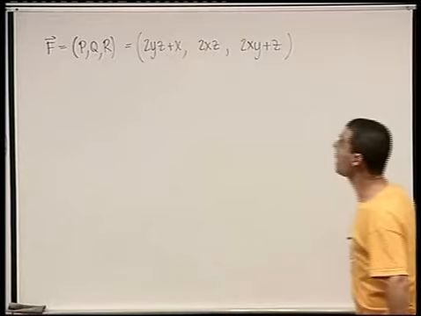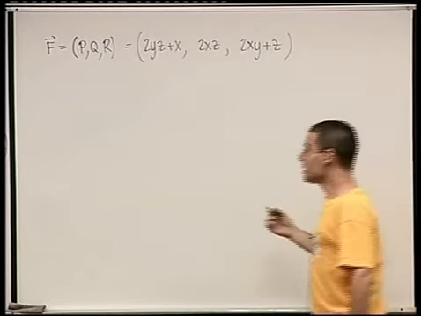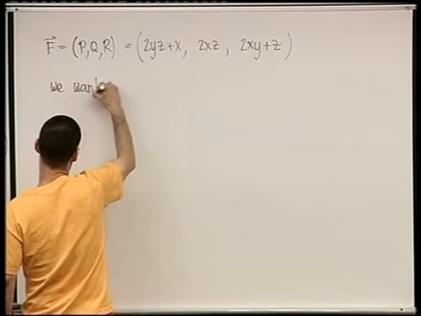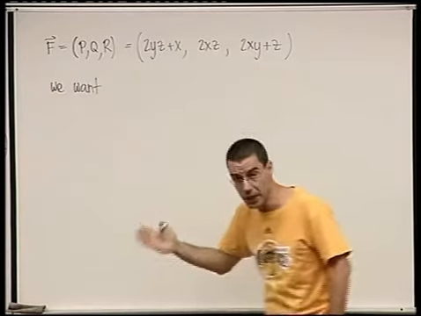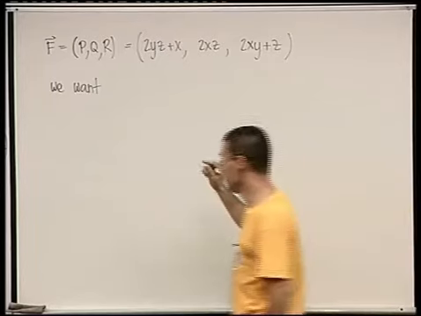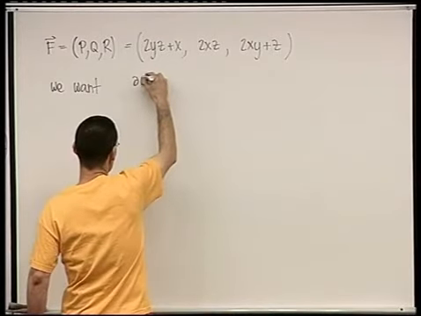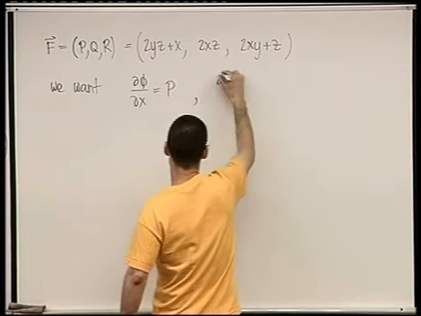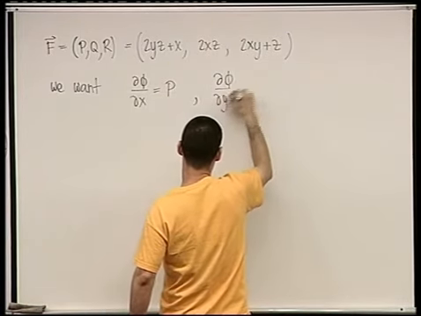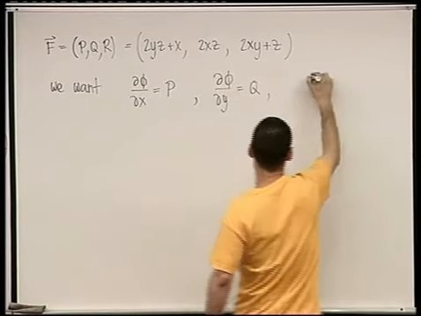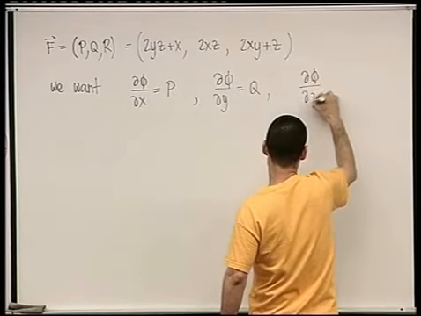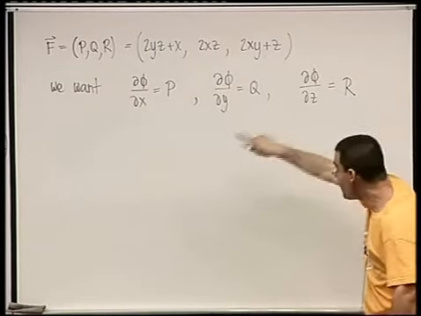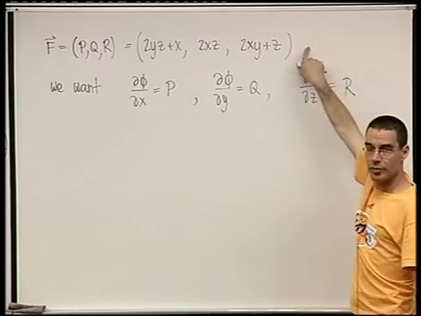So this is our field F now. And what I'm looking for is a scalar function phi that satisfies the following. The derivative of phi with respect to x has to be equal to P. The derivative of phi with respect to y has to be equal to Q. And the derivative of phi with respect to z has to be equal to R. That's what it means for the gradient of phi to equal F.